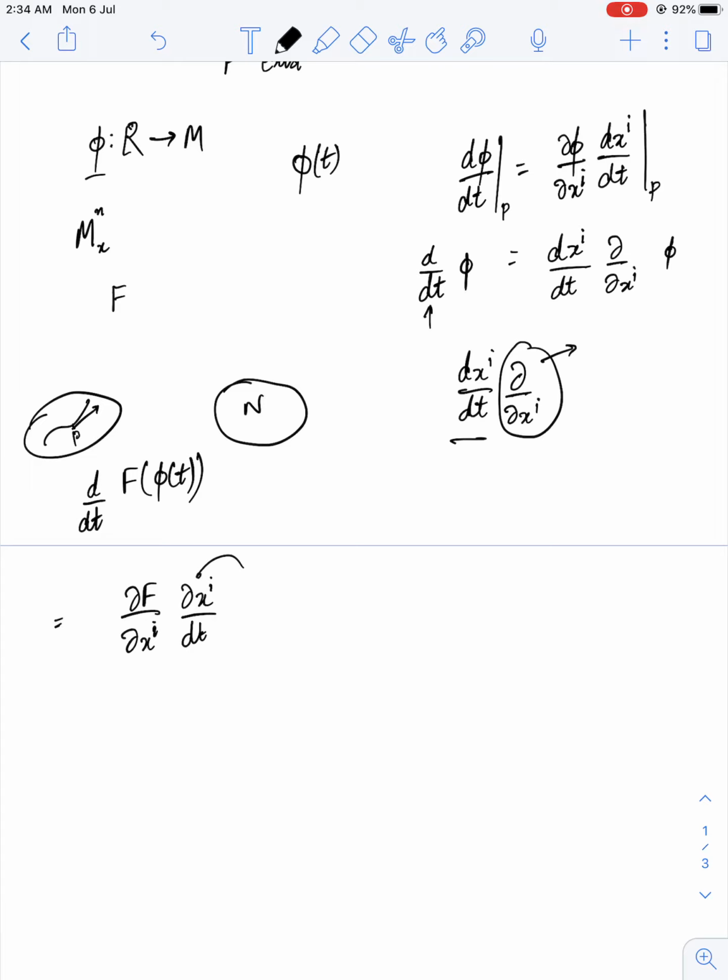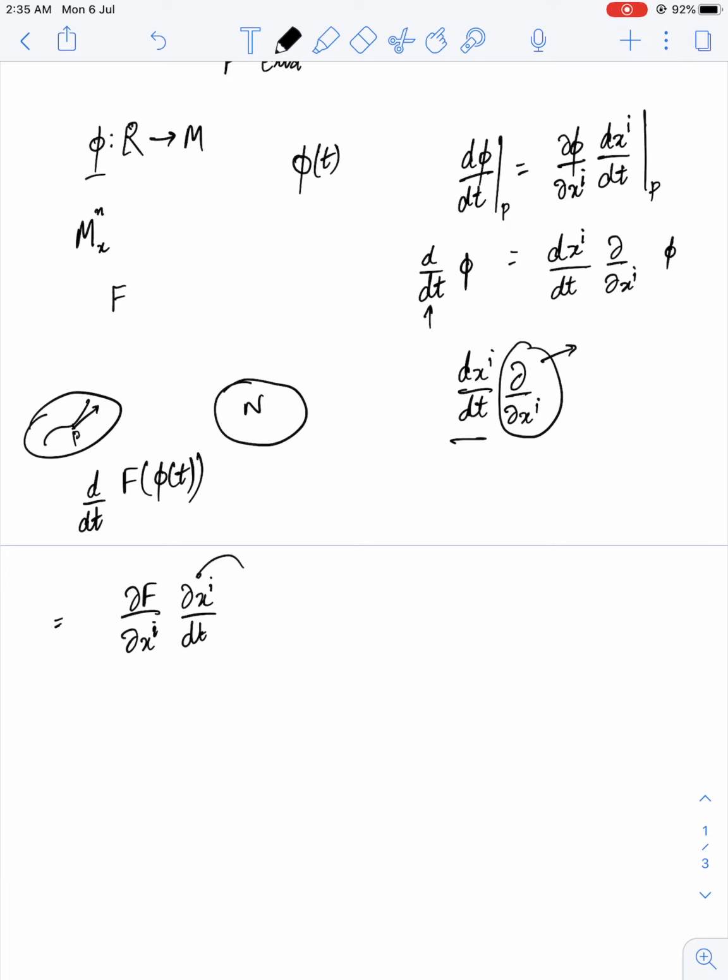If I put some value of t, let's say 2, I get some point in M, and I'm taking patch u. When I take patch u, I get m-tuples, whatever the dimension of the manifold is, and xi is that coordinate. So this is what we get.